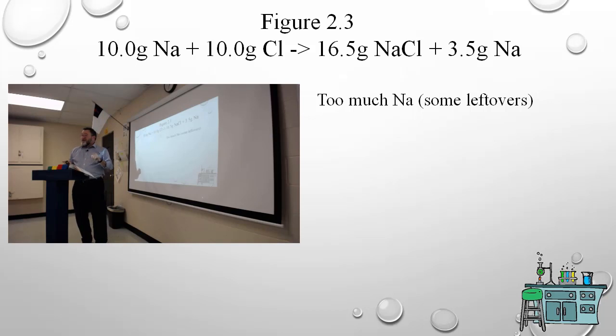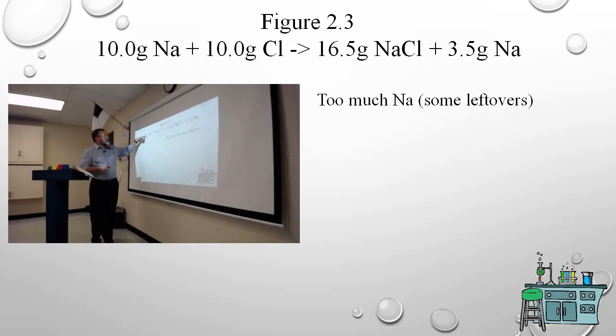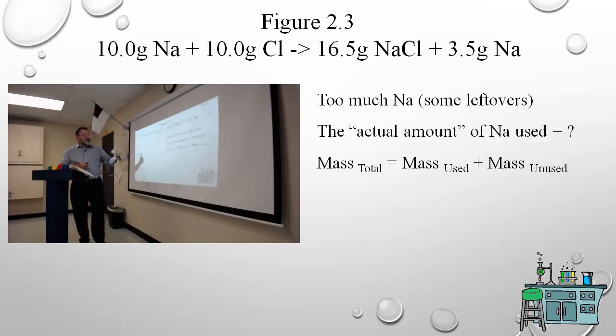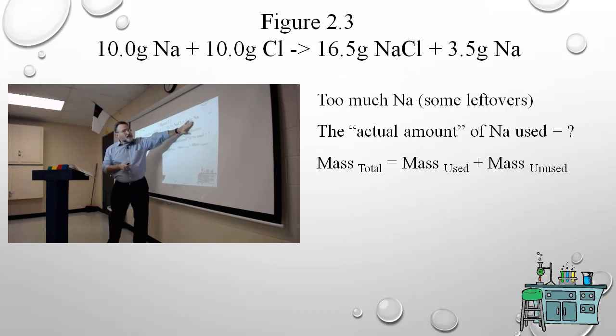So I can make, in here I see the formula for making this much sodium chloride. If I've got too much sodium, then I take that out of my initial, right? So what I actually need is, how much mass total do I have? Well, the total I have is used up by the part that I used to make sodium chloride, and whatever's left over.